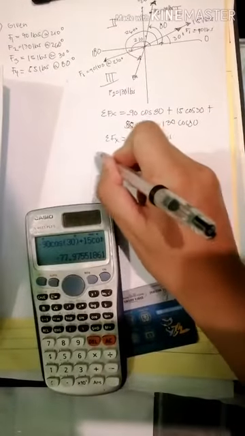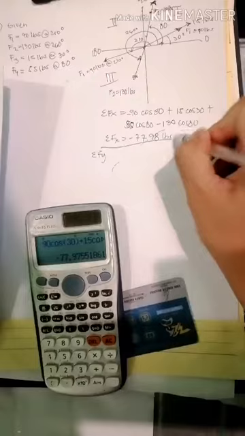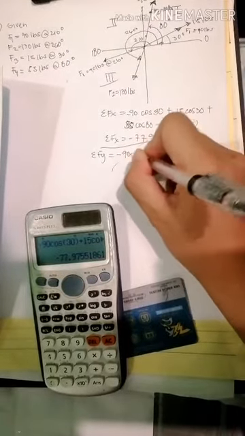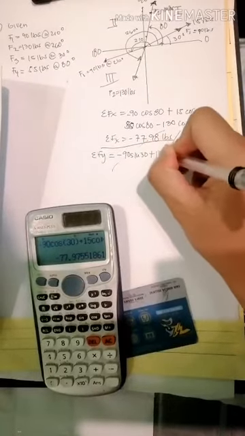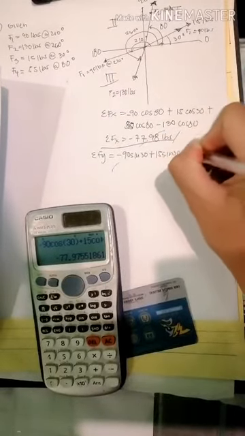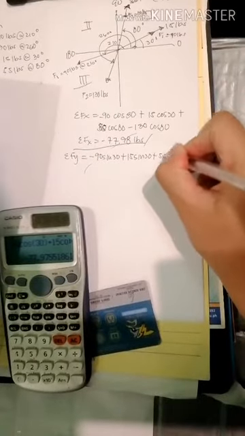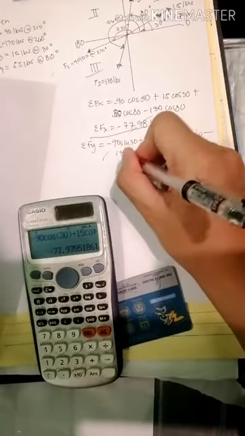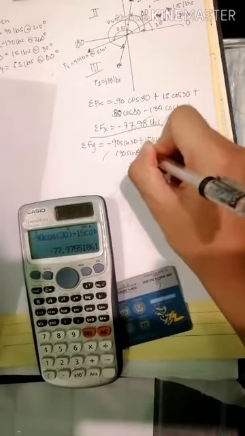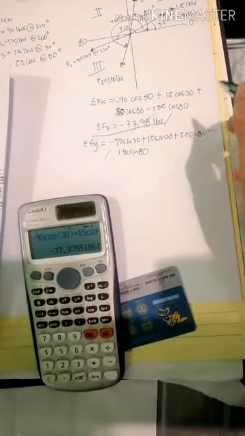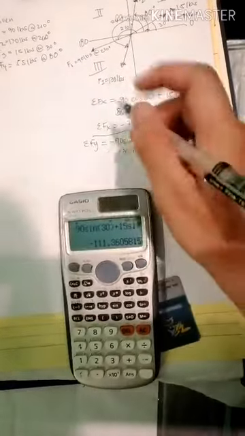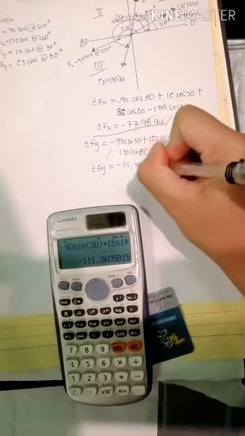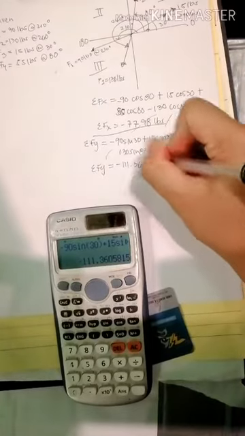Summation naman ng y, negative 90 sine 30 plus 15 sine 30 plus 55 sine 80 minus 130 sine 80. So, answer ng summation ng y ay negative 111.36 pounds.